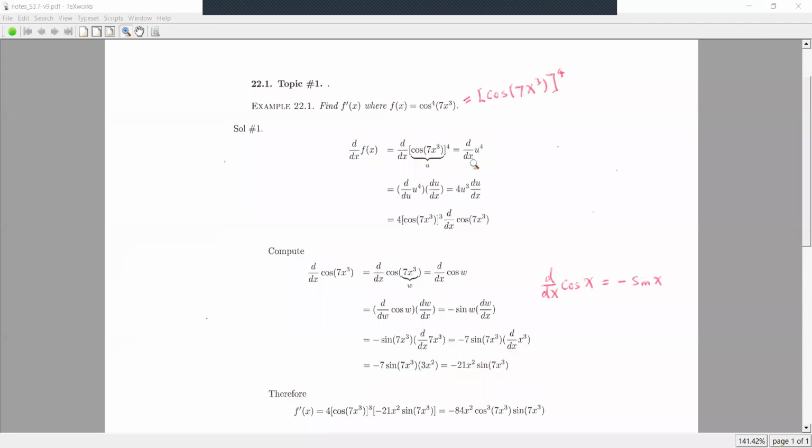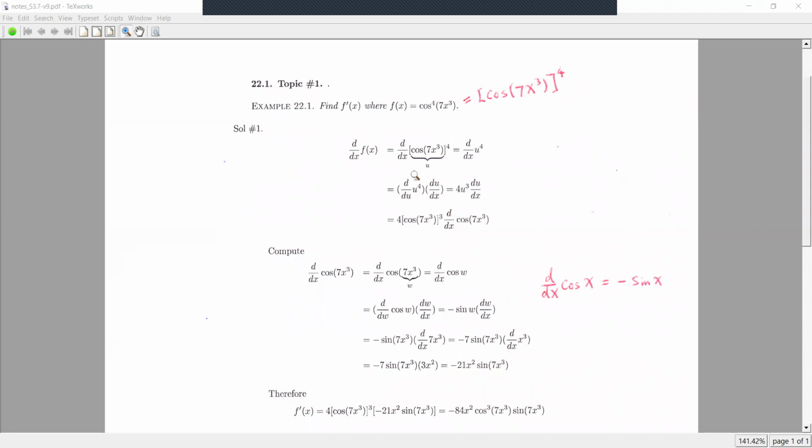Because u and x are different, before we can compute this derivative, we need the chain rule. Insert du to the denominator and put a du on the numerator. This is a product of two derivatives.